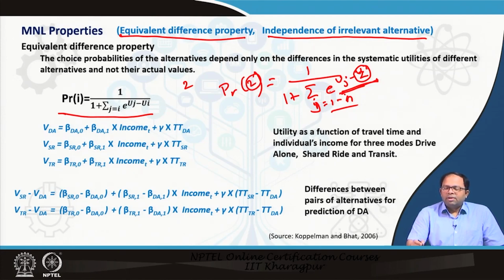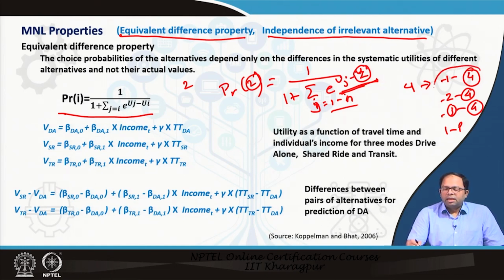If I have 4 modes, my probabilities would be the probability of 1 with respect to 4, if I make 4 the reference category, the probability of 2 with respect to 4, and the probability of 3 with respect to 4. So if I know the probabilities of 1, 2, 3, then automatically 1 minus the probability of 1, 2 and 3 gives me the probability of 4.